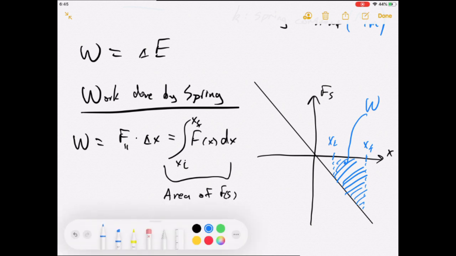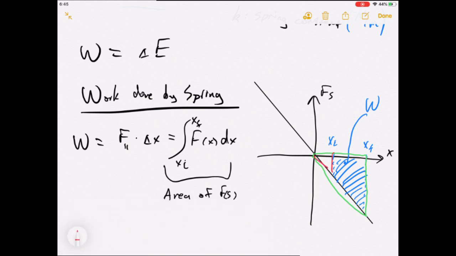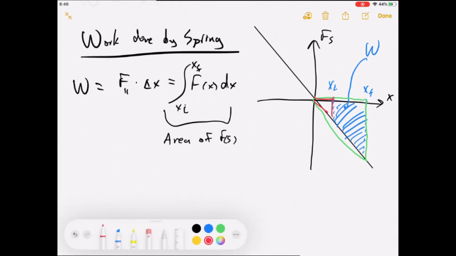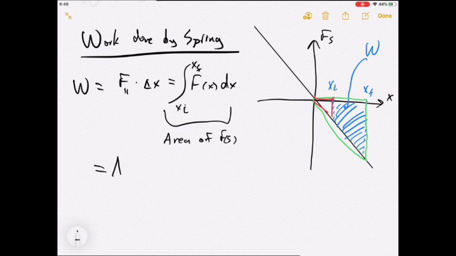Okay, so that trapezoid looks like this triangle minus this triangle. And I know how to take the area of a triangle, right? It's half base times height. So the work done here ought to be the area of the big triangle minus the area of the small triangle. Half base times height.